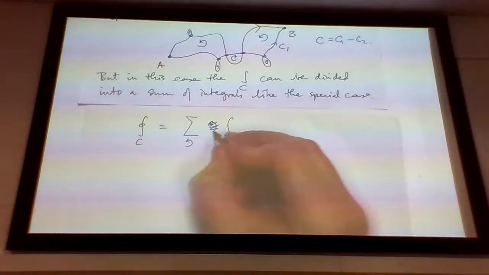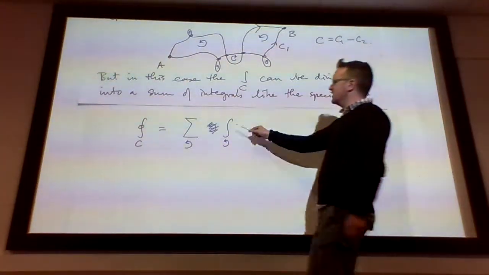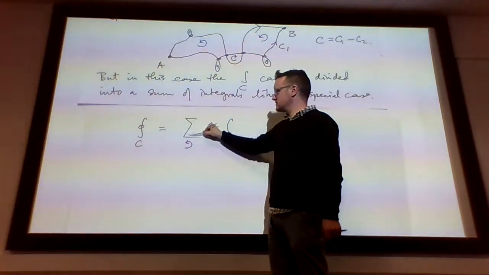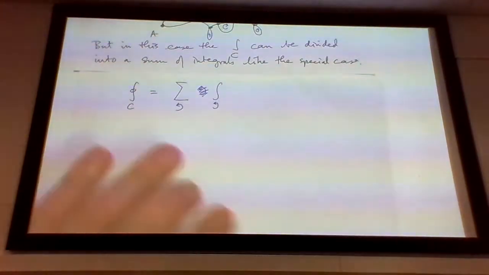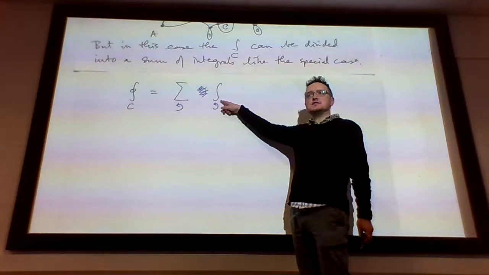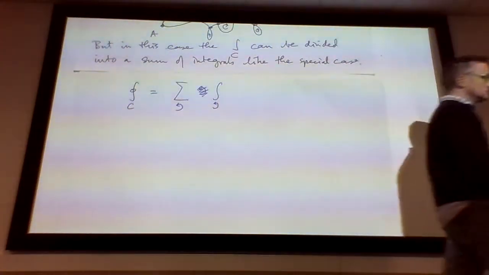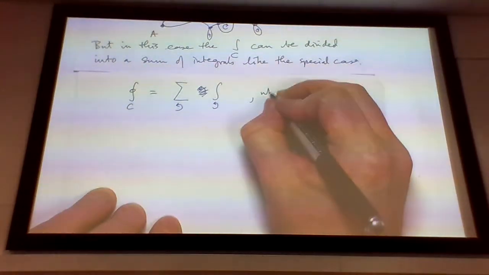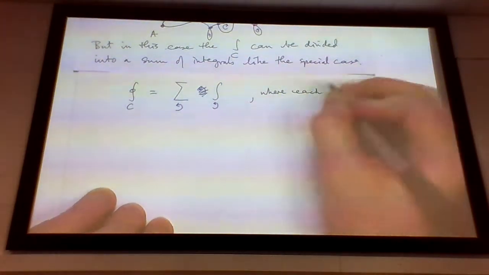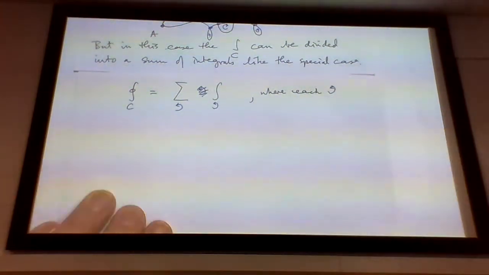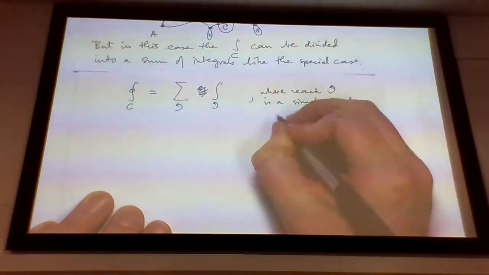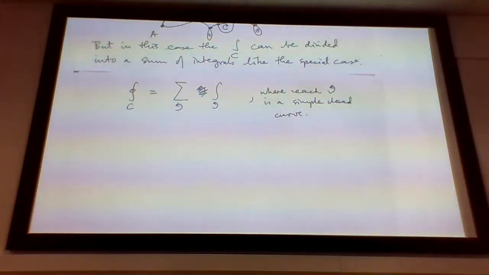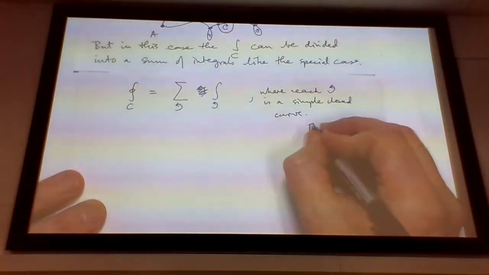No, just the sum of the integrals along each of the little blue curves, and you're summing over all the little blue curves. Okay. And each of these is like the special case, because each of these is a simple closed curve. So each small blue curve is a simple closed curve. So that's a sketch of the proof of that theorem.